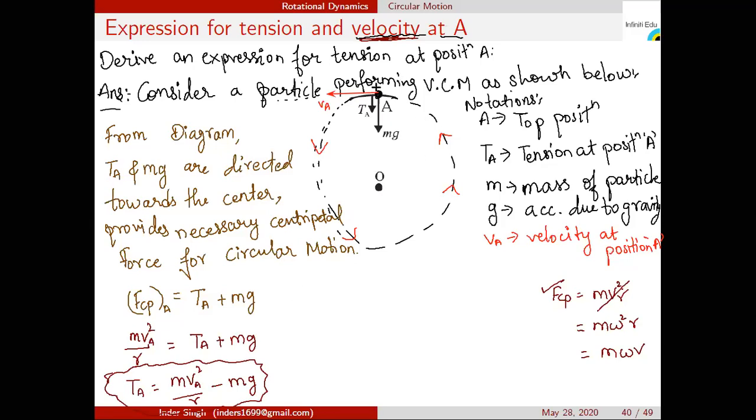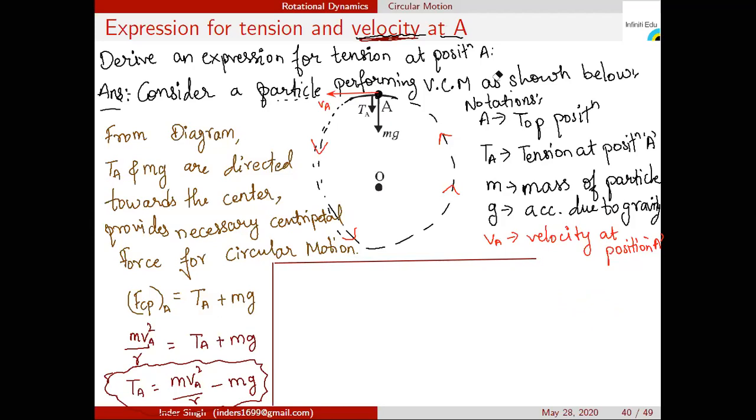The next question is the expression for velocity at position A. That means we are interested in getting the value of VA. So we will take the help of this equation.